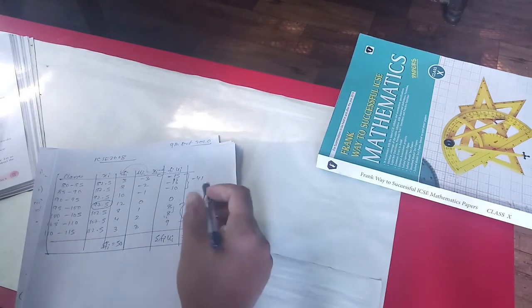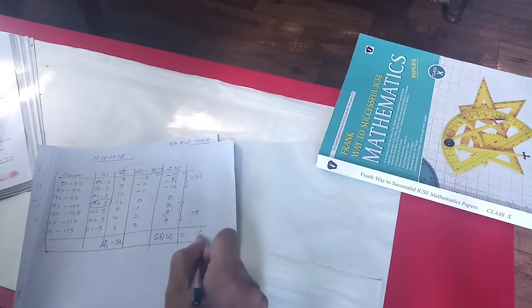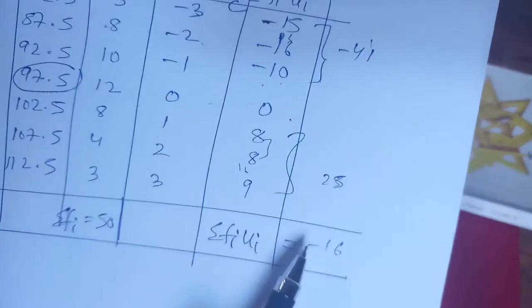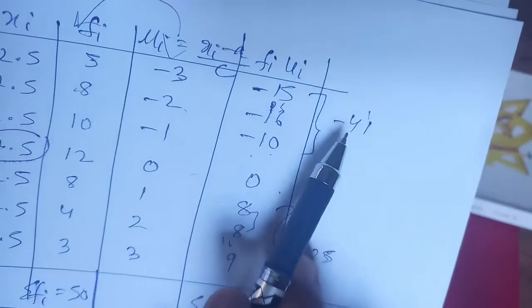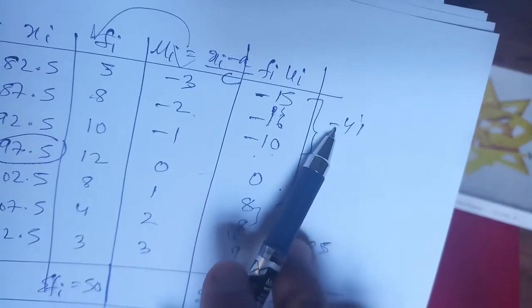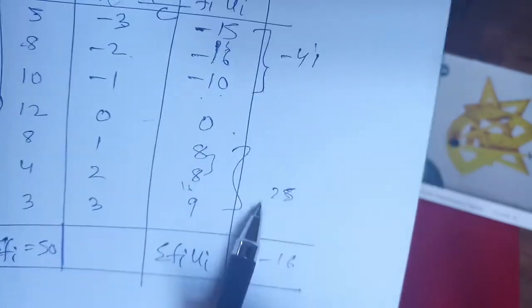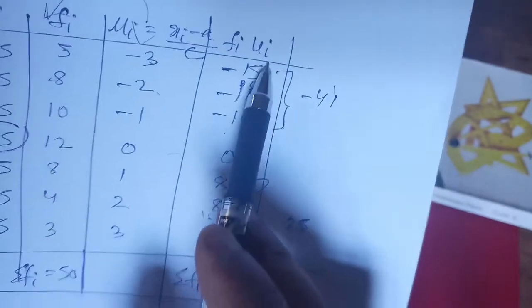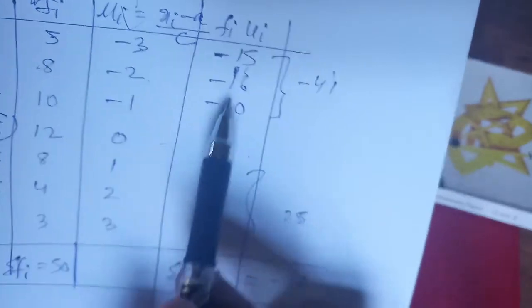So you subtract, minus 41 plus 25, minus 16 you will get. Why did you get minus 16 here? Because minus 41 is a bigger number and it will carry the sign of that bigger number. Minus 41 plus 25 is minus 16. This added, all minus, this added 25, and again these two because you have to add everything.